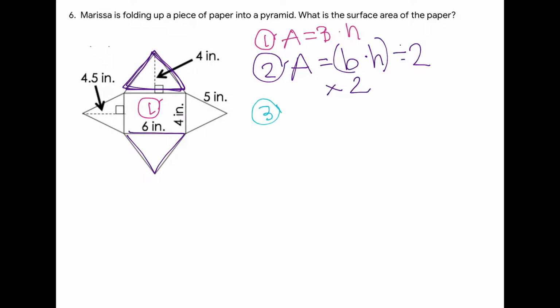Now we can find the area of these triangles. Alright, we know that area equals our base times our height divided by 2. And after we find that area, there are 2 of them, so we have to multiply that area by 2.